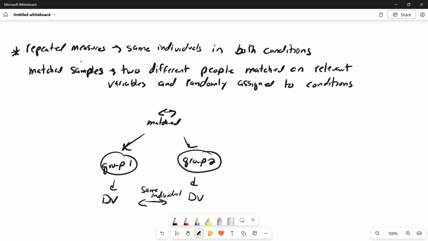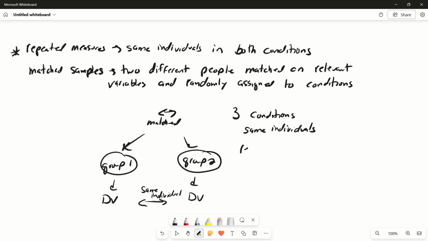And then you could have repeated measures with more than two conditions. You could have three conditions. So if you have three conditions and you have the same individuals in each of the three conditions, you no longer have a t-test, because a t-test is two measures, right? Two groups, before and after.